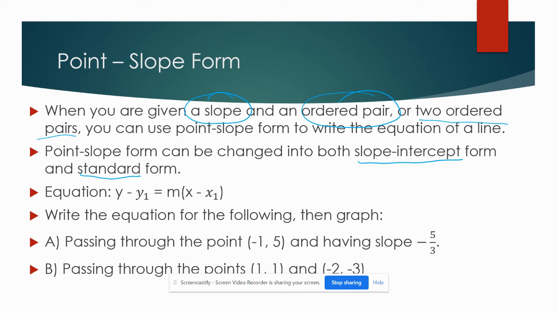The equation is y minus y1 equals m times x minus x1. And in this equation, we only ever replace the y1, the m, and the x1. Notice I didn't include the minus signs in those boxes. So we write absolutely everything except the stuff in the boxes; that is what we change with the information we have.